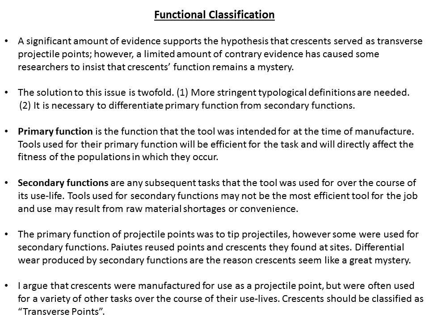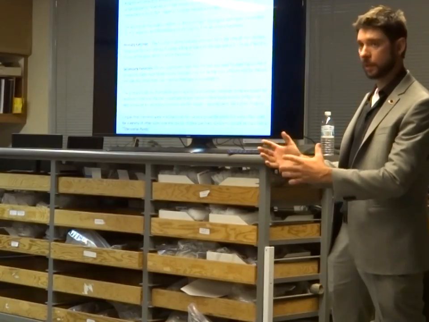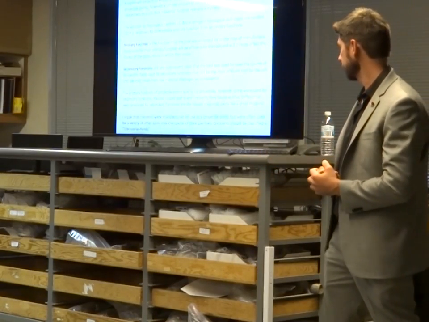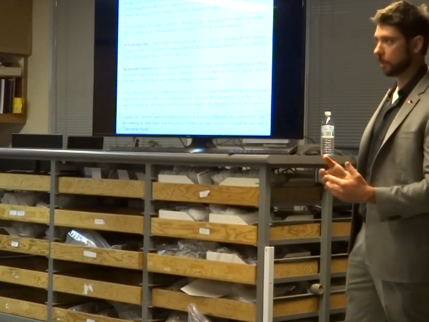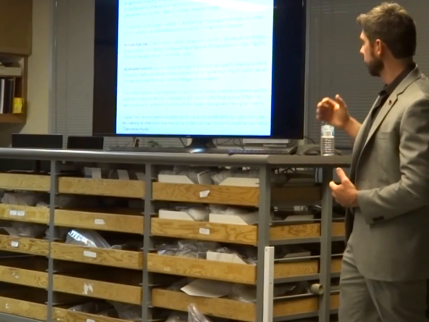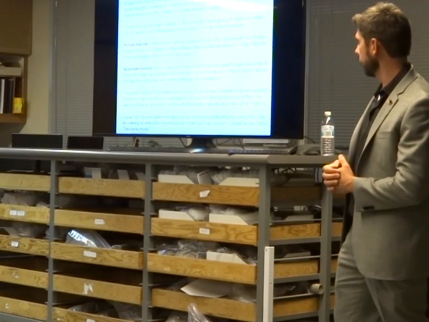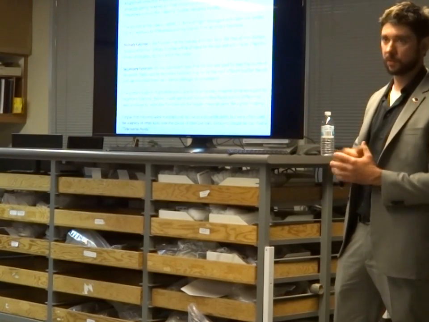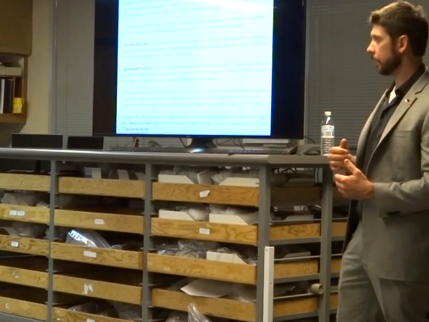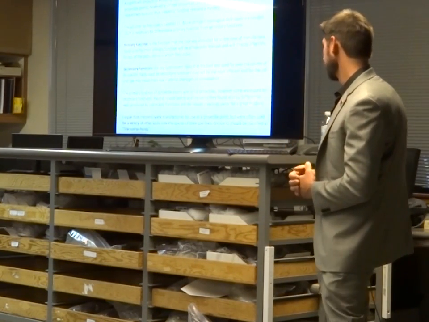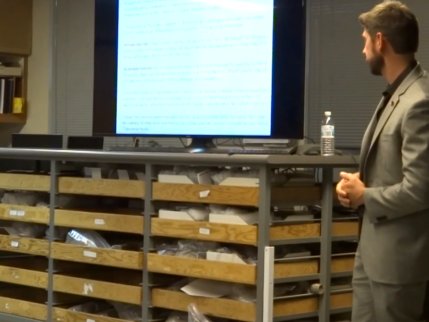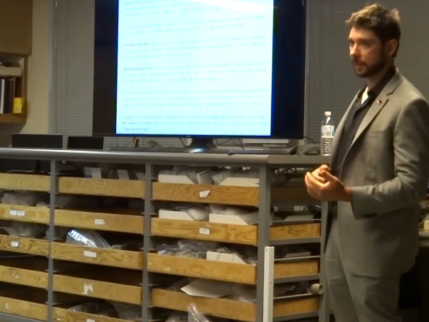So we know that the primary function of projectile points was to tip projectiles. However, they're often used for secondary functions such as cutting or scraping. And so reuse of a crescent that was primarily used to tip a projectile muddies the water a little bit. And we also know that Paiutes reused points that they found at sites.